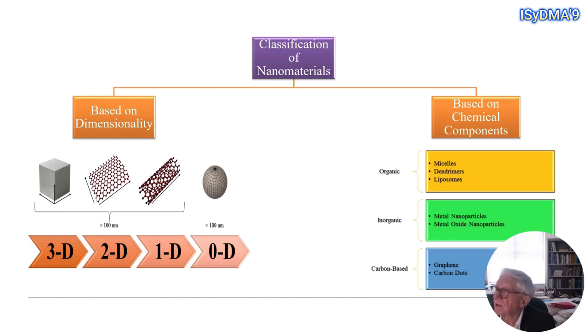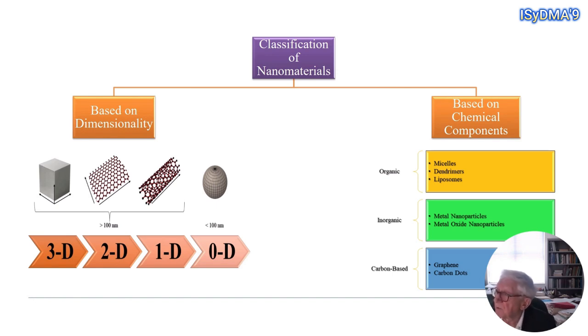In terms of chemical components, as you can see, the organic ones have been used extensively: micelles and liposomes. Inorganic is quite important because quantum dots have become quite popular, in particular for quantum computers.